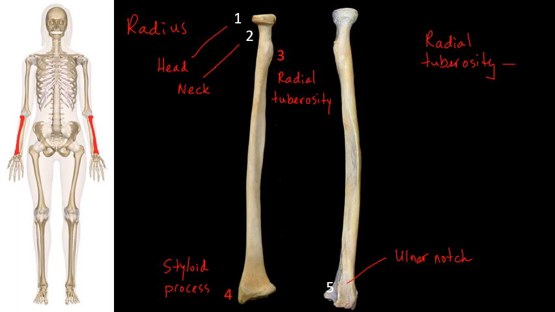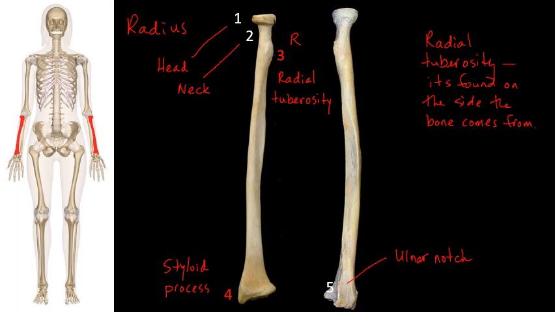And the rule is it's found on the side the bone comes from. So in anatomical position, we see the radial tuberosity here on the right side. Therefore, this is a right radius.